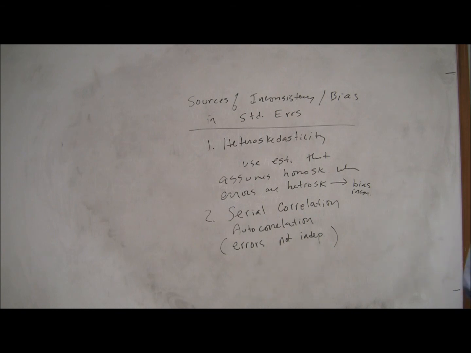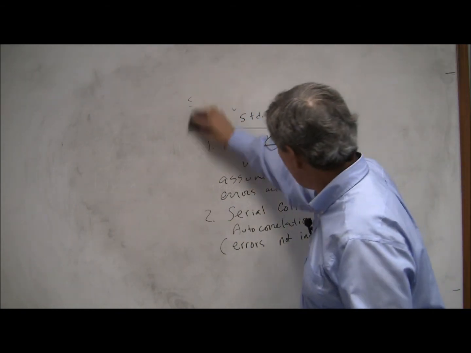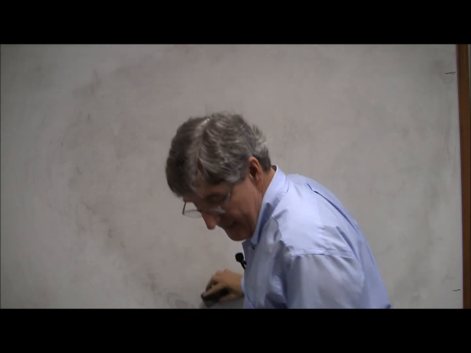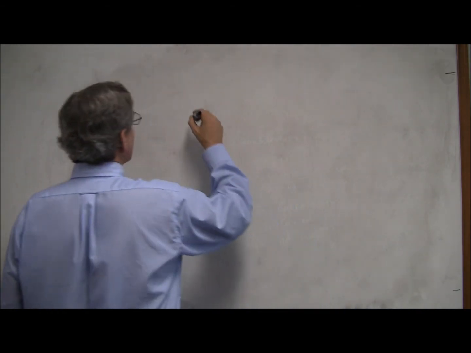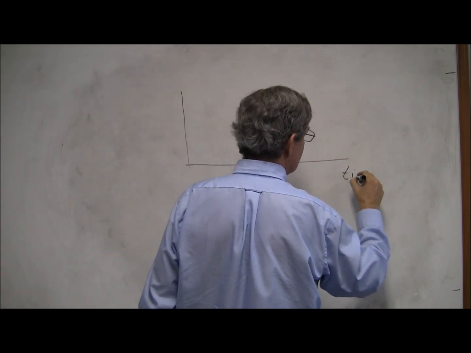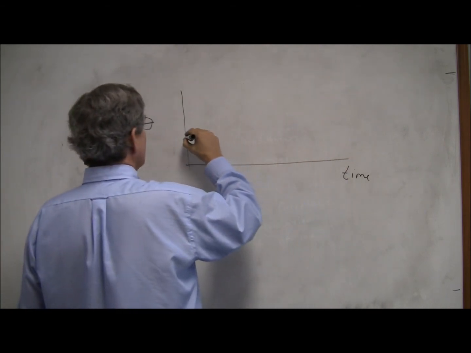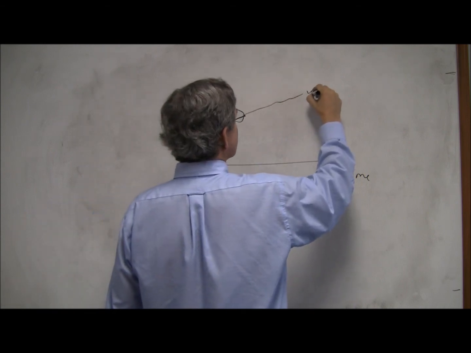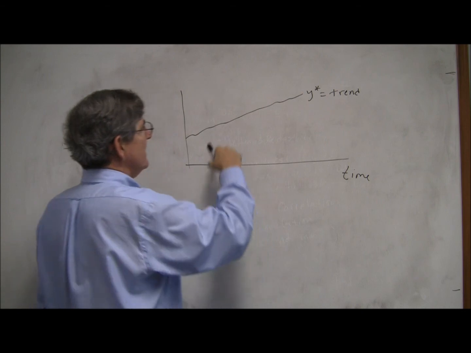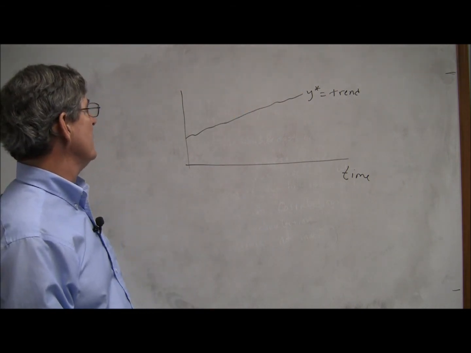So for example, GDP data has autocorrelated standard errors. Say that we're looking at GDP over time, and there's some trend, and maybe that trend has some wiggle to it.